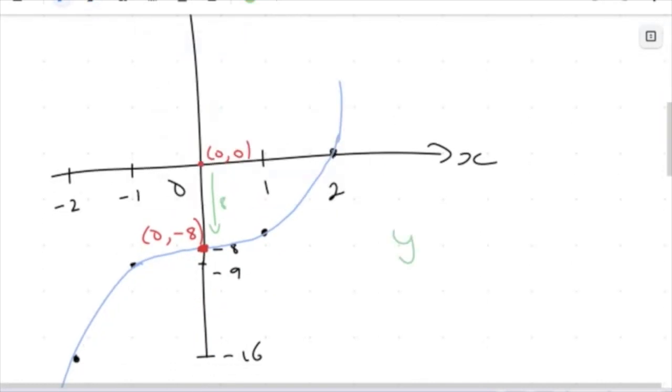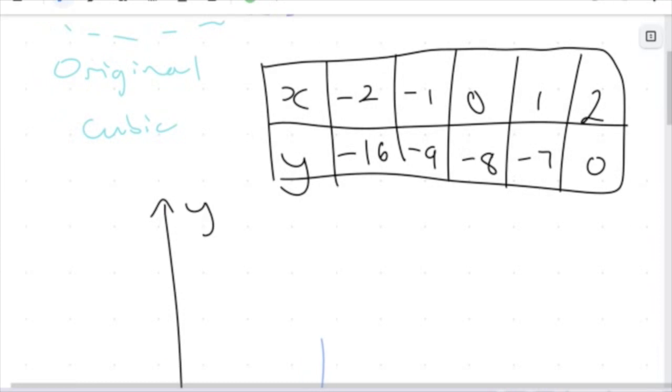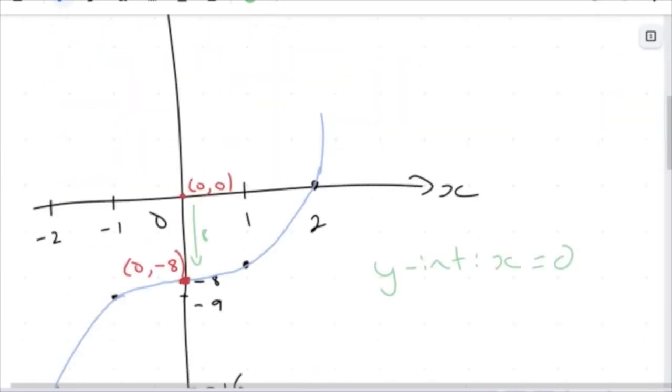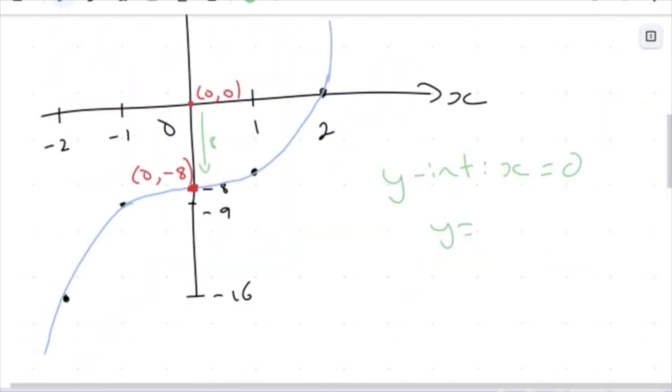So we get our y-intercept when x equals 0. Substituting x equals 0 into my equation here, we get y equals 0 cubed minus 8, which is negative 8. And that makes sense. It cuts my y-axis at negative 8. So we've confirmed that.